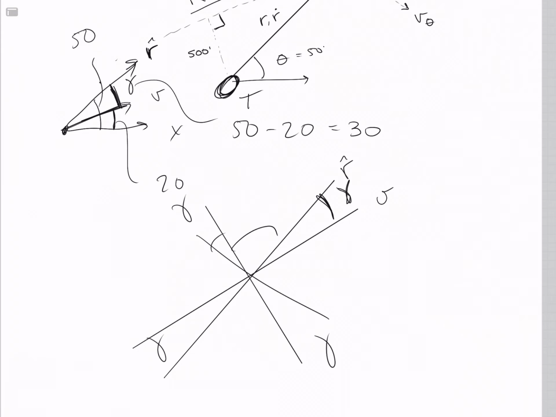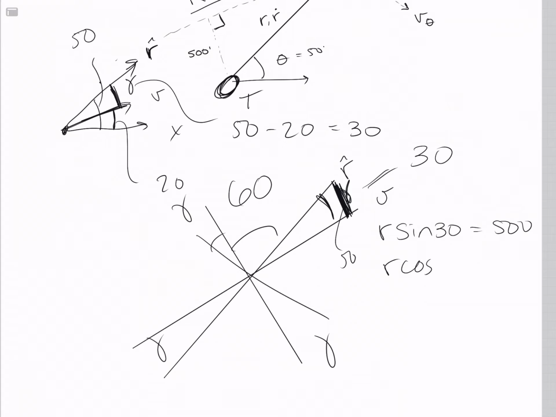So using this angle, you can either solve for this being 60 or this side being 30, and you can use r sine of 30 equals 500. We know that the perpendicular distance here is 500. Or you can use r cosine of 60 equals 500, because that perpendicular distance is also repeated over here.